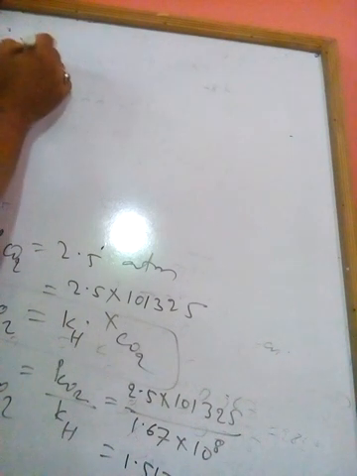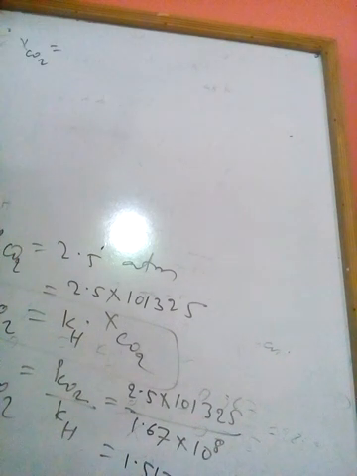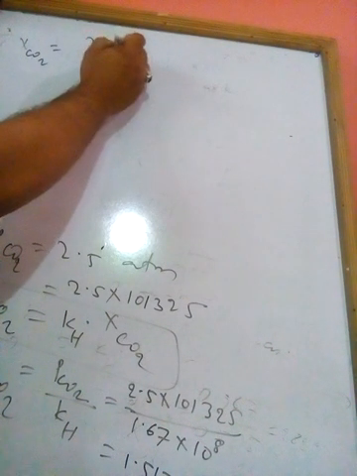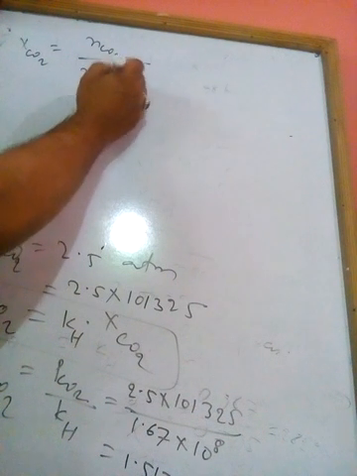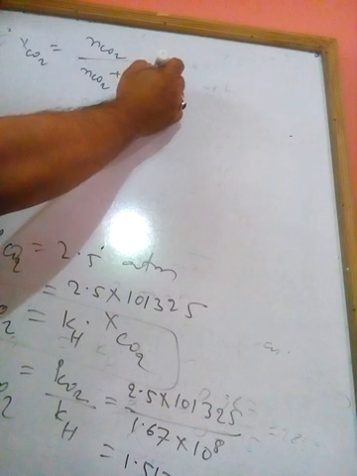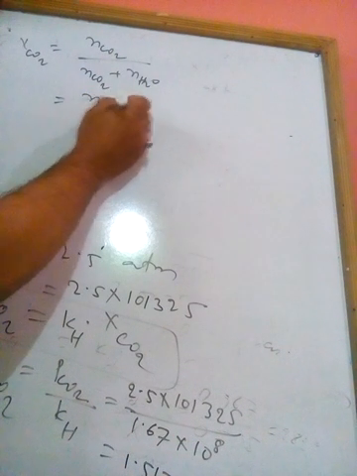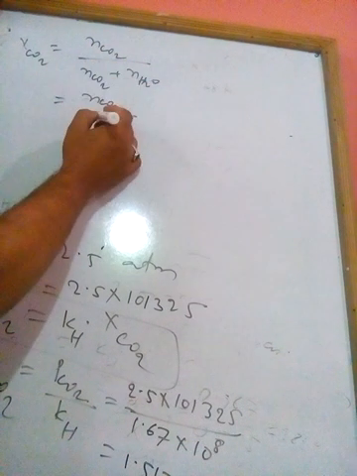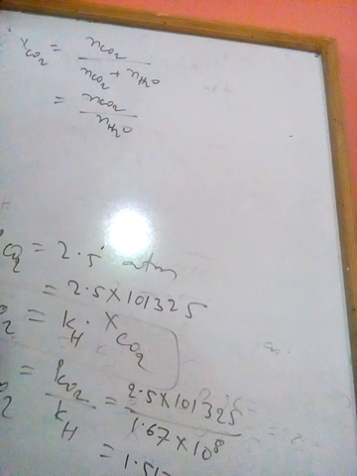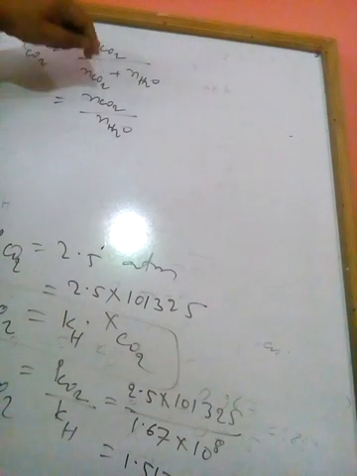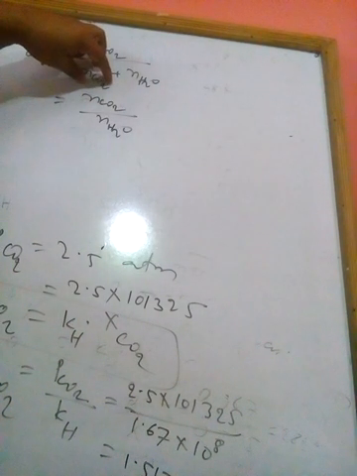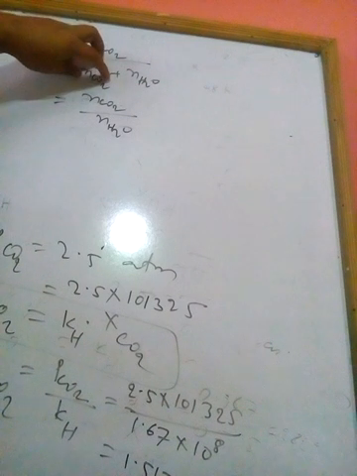Mole fraction of CO2 is equal to moles of CO2 by moles of CO2 plus moles of water, and it becomes moles of CO2 by moles of water, because for a very dilute solution this denominator part is neglected here.